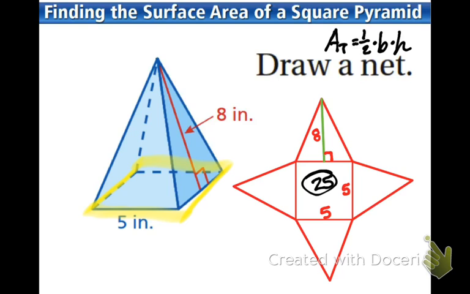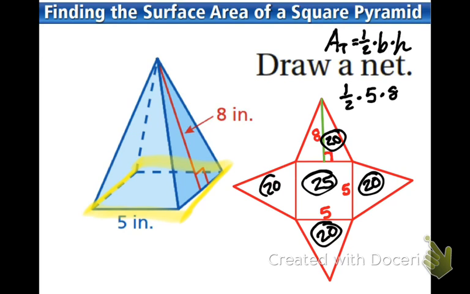And in this situation, it's 1/2 times the base of 5 times the height. So I type that into my calculator and I get out 20. So I know each one of these triangles is also 20.